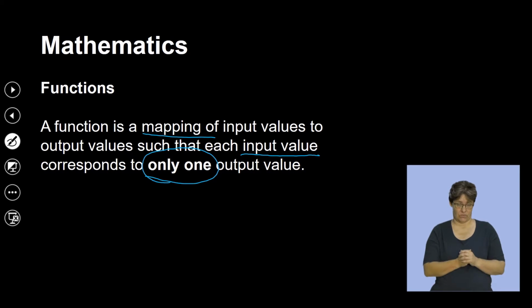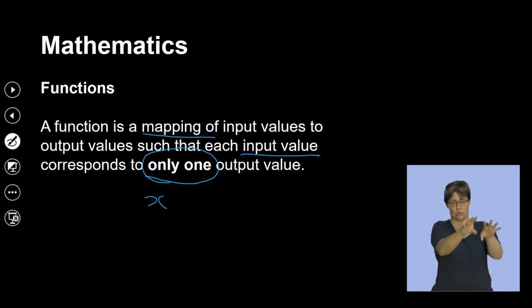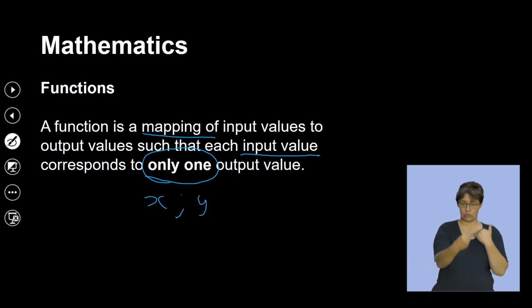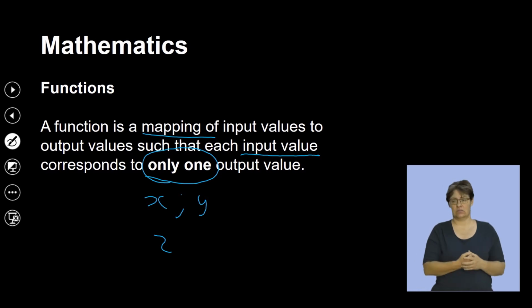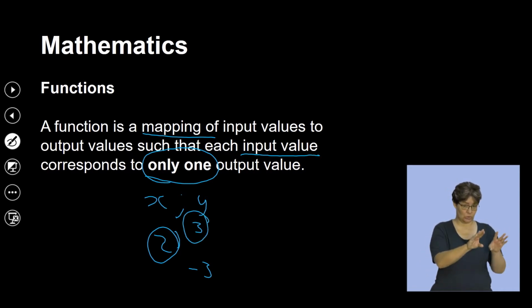So I cannot have the input value, normally the x, and the output value, y. I can't have my x as 2, and then my y as 3, and my other y as minus 3. That's not a function, right? I must have only one input value that corresponds to one output value at a time.